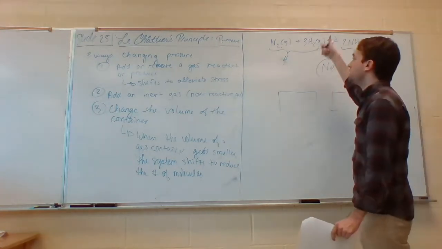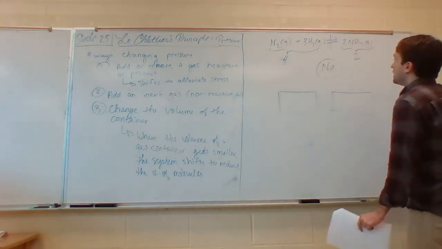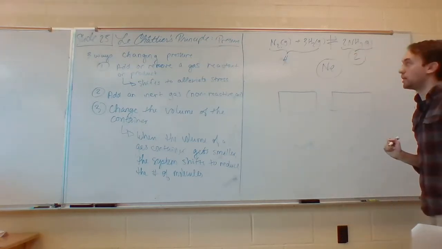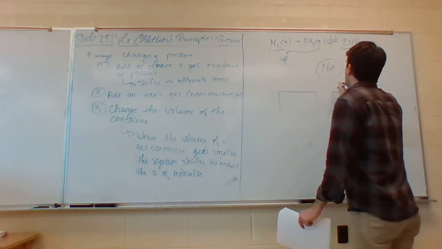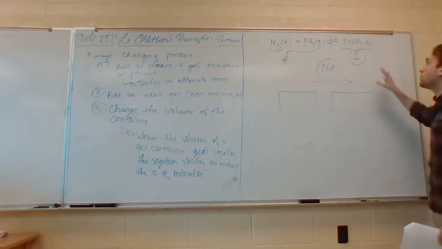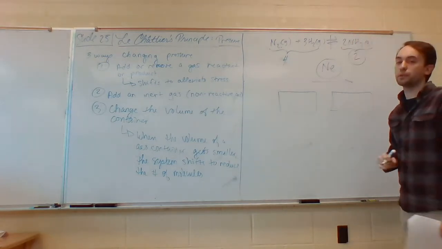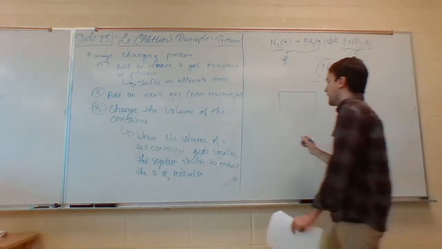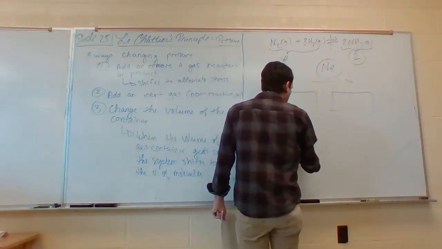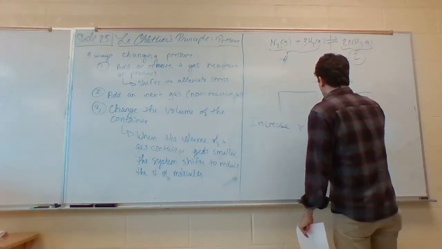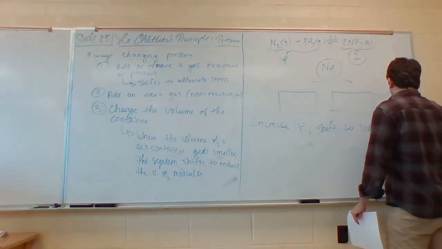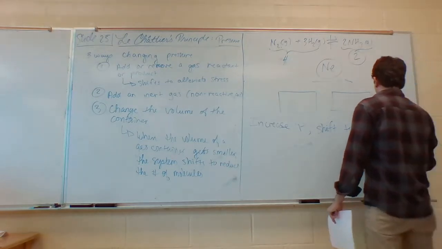That means that if I increase the pressure, it's going to shift in the direction that gives me the fewest number of molecules. So if I add a lot of neon, it's actually going to shift to the right because it wants to have the smallest number of molecules in that container. Okay? So if I increase the pressure, then I'm going to shift to the side with the fewest molecules.